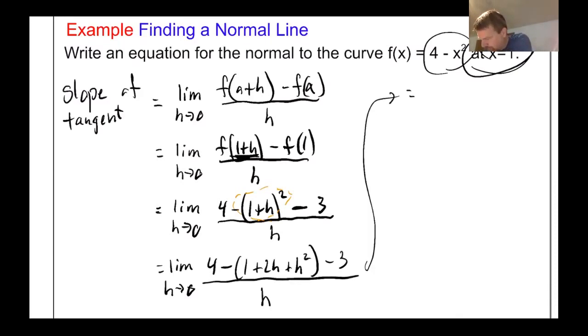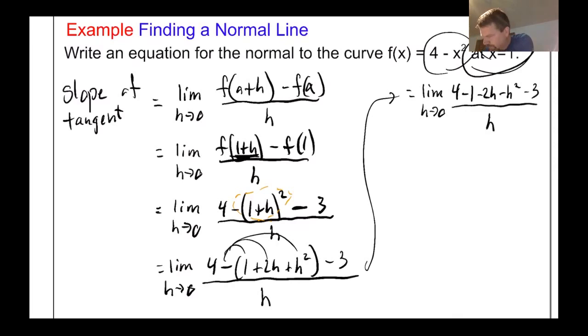That'll be the limit as h goes towards 0 of 4, and let's distribute that negative: 4 minus 1 minus 2h minus h squared minus 3, all over h. You'll notice up here I've got 4 minus 1, which is 3, and I've got a minus 3 here. 3 minus 3 is 0, so those go away.